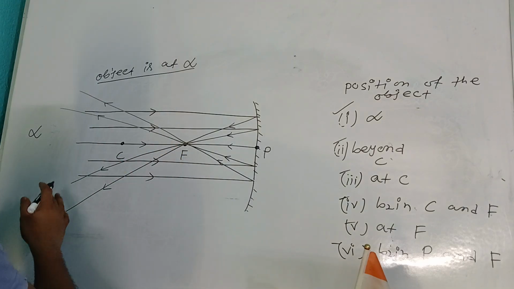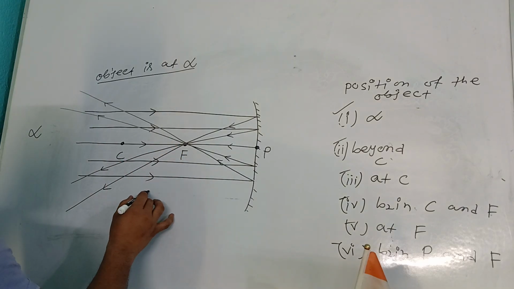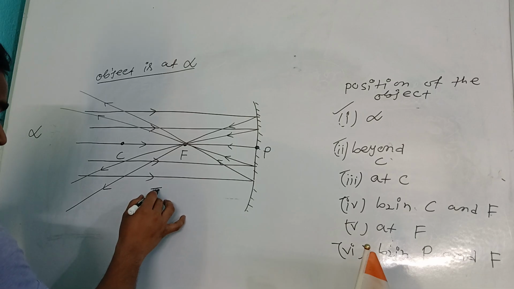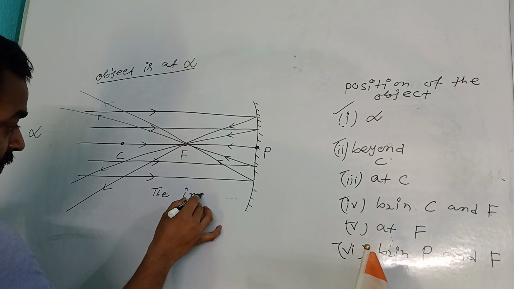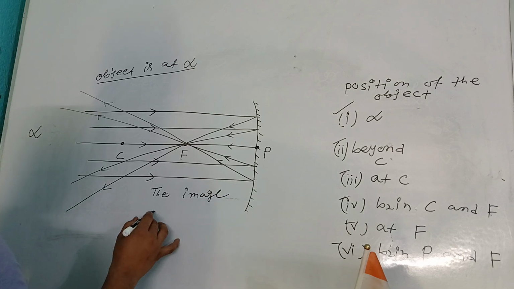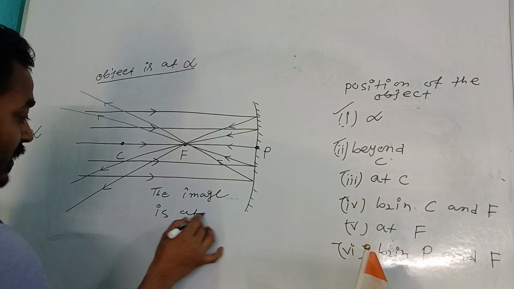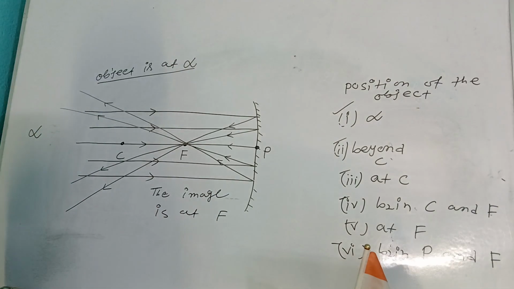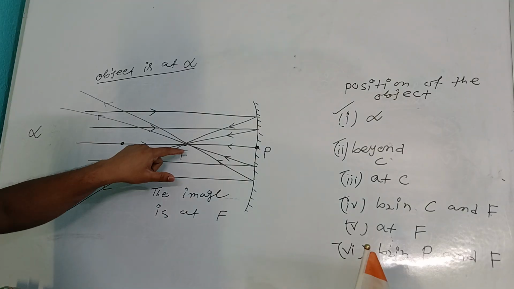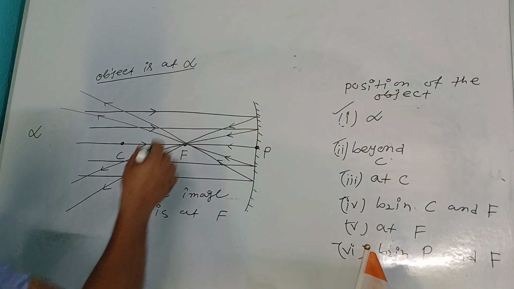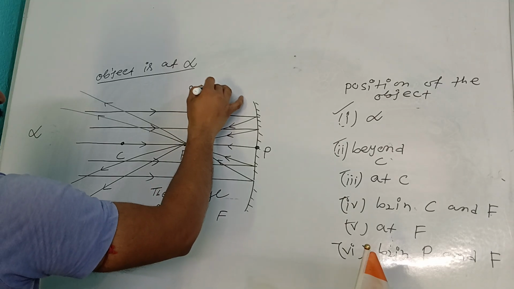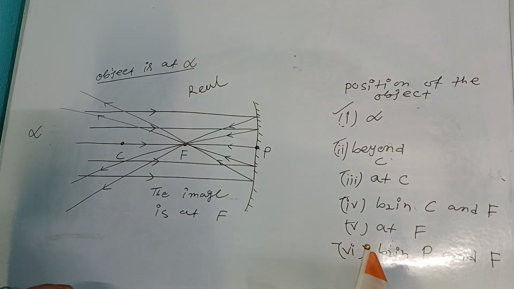So when the object is at infinity, the image is at f. Achha, the rays are really meeting, so the image is real.